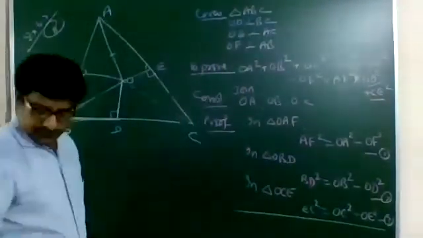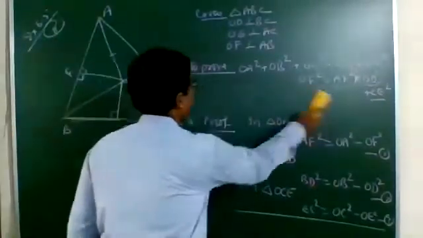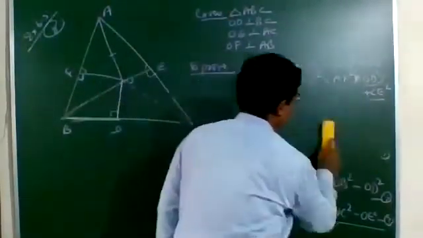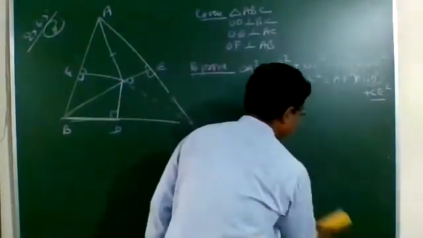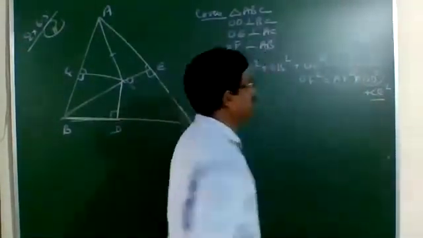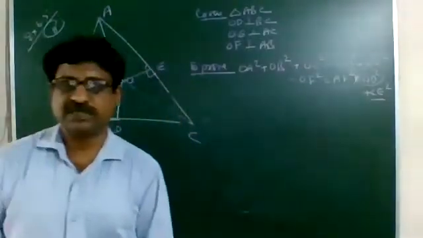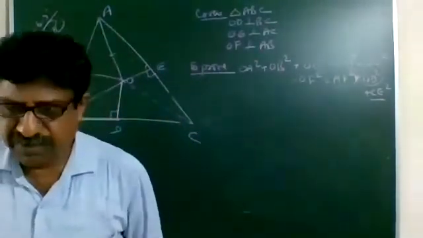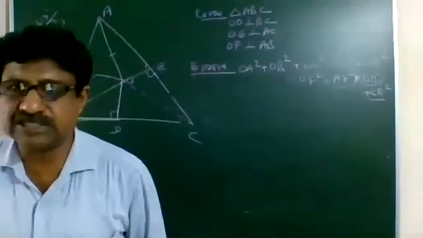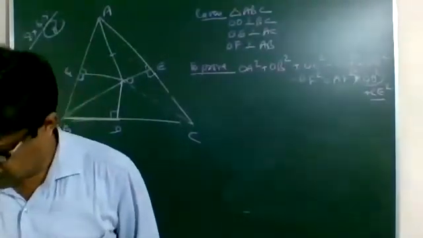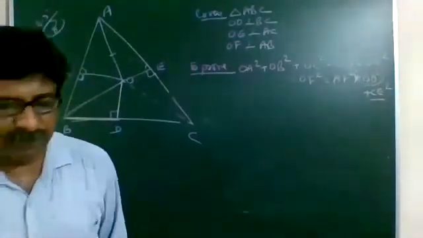We got here, in first part we have shown OA square plus OB square plus OC square minus OD square minus OE square minus OF square equal to AF square plus BD square plus CE square. Now in second part we have shown AF square plus BD square plus CE square is equal to AE square plus CD square plus BF square.